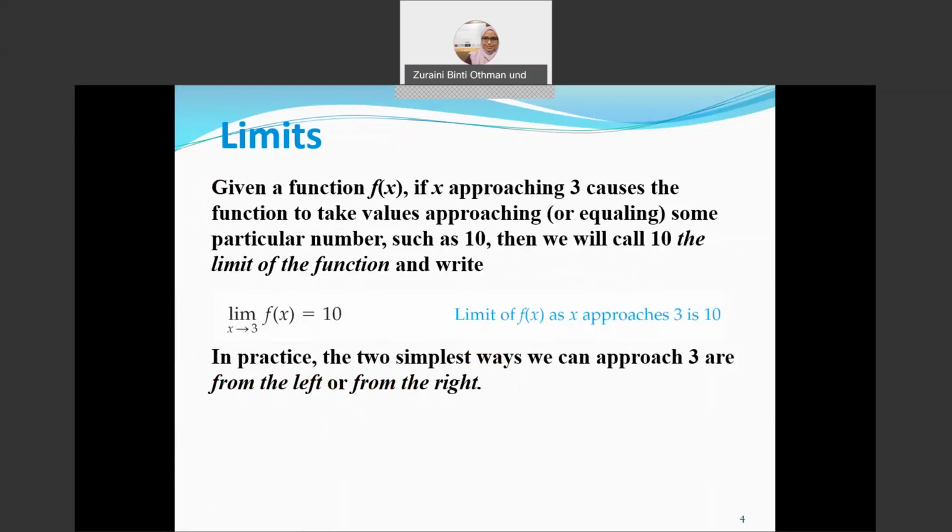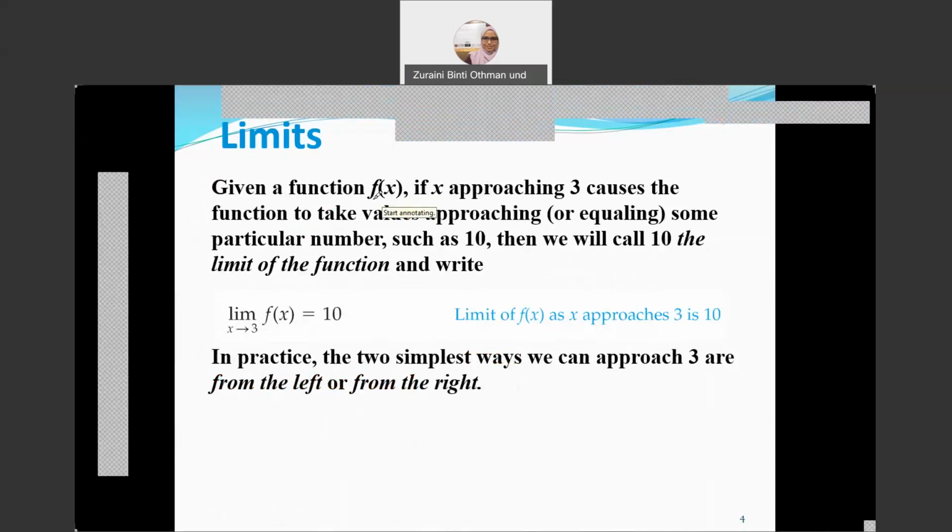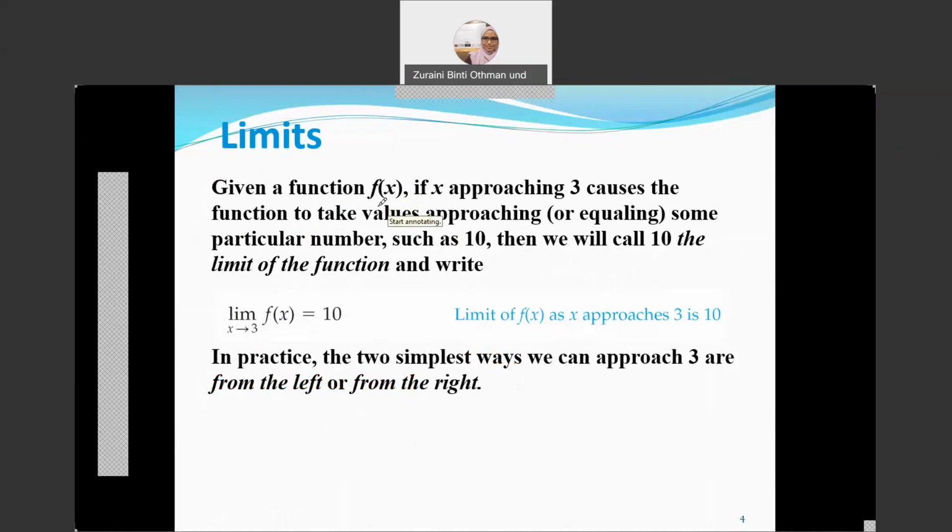So in limit, given a function f(x), if x is approaching to 3, meaning that if we have graph like this, and for example our graph is linear.